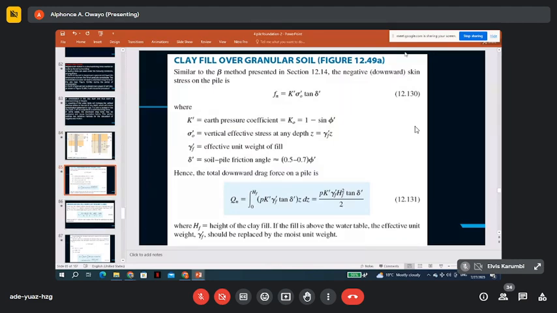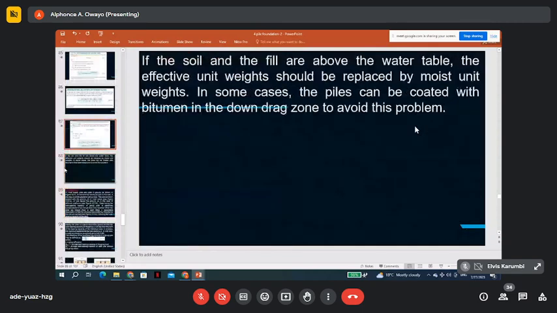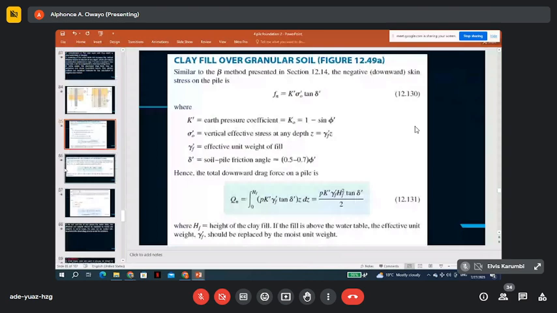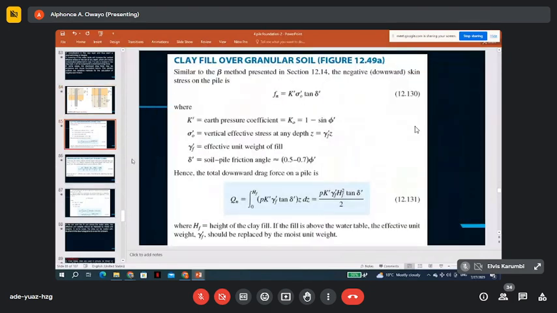And so this is a combination of ideas from what we've talked about so far. We can have clay fill over granular soil, as shown in this figure, and this is how to calculate the friction, the interparticular friction, the earth pressure coefficients, and so on.